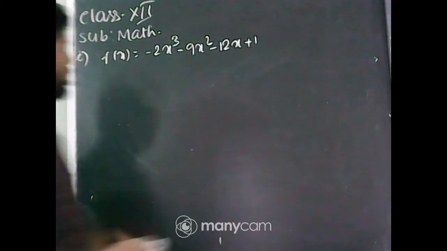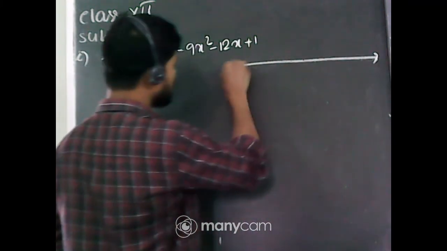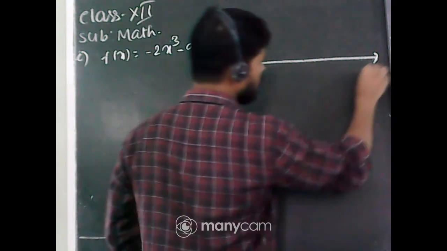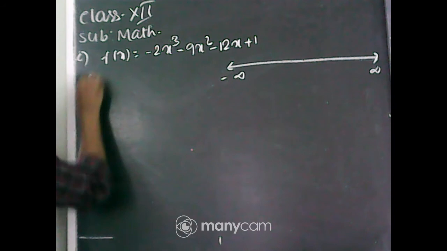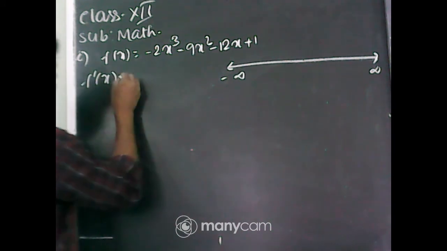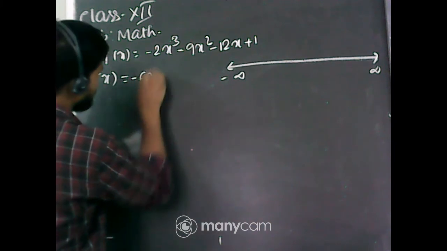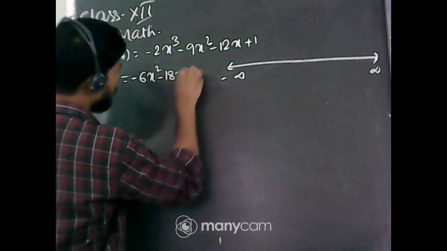So from the function you can say that the domain of the function is minus infinity to plus infinity. Okay, so now differentiate it. So differentiating f with respect to x, we have f'(x) that is minus 6x square minus 18x minus 12.